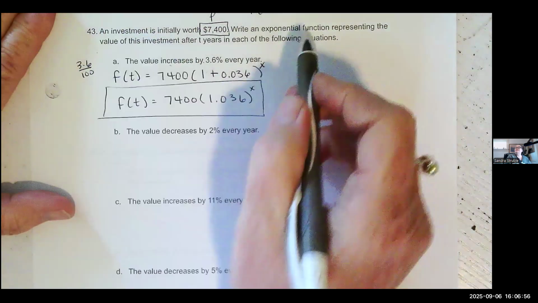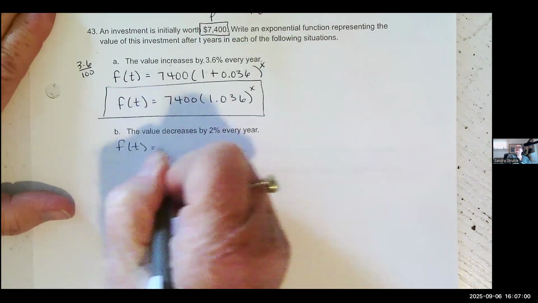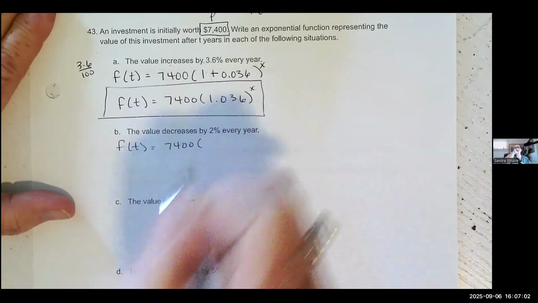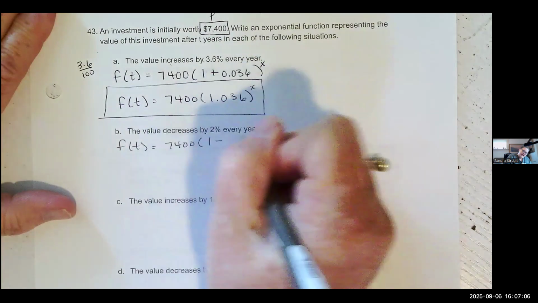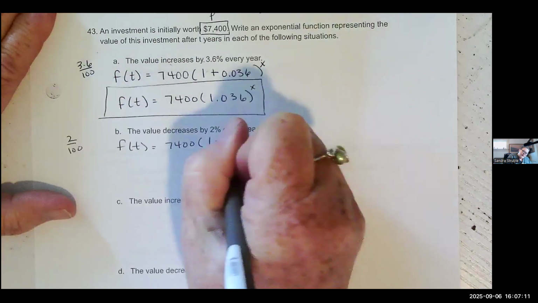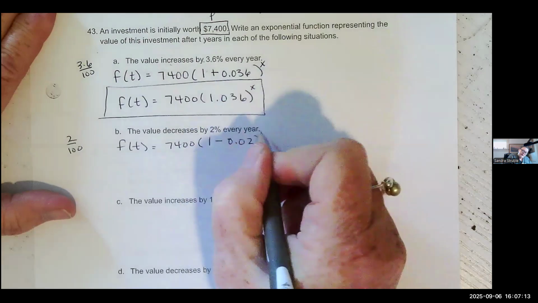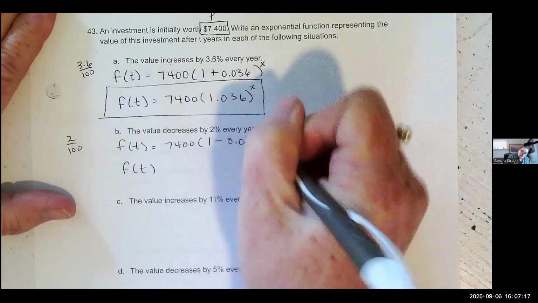The same investment has an initial value of 7,400, but this one is decaying or decreasing by 2%. So 1 minus 2%, 2 divided by 100 is 0.02 every year again. So X is my exponential. Oh gosh, y'all, I'm so sorry.